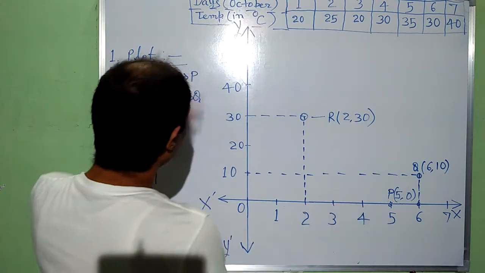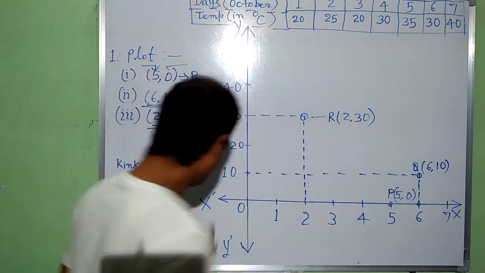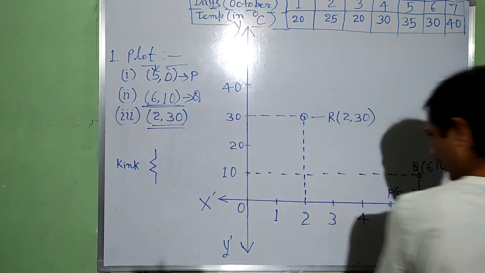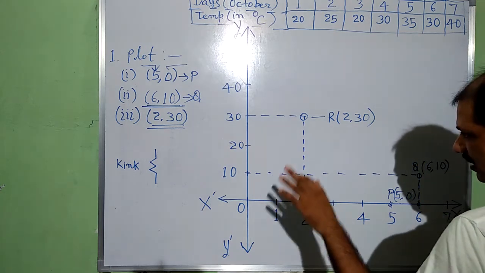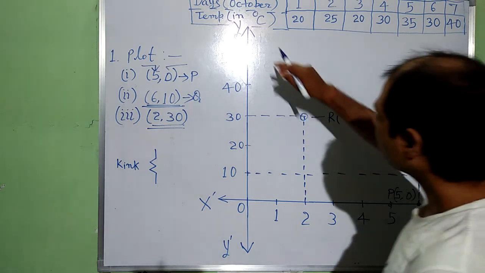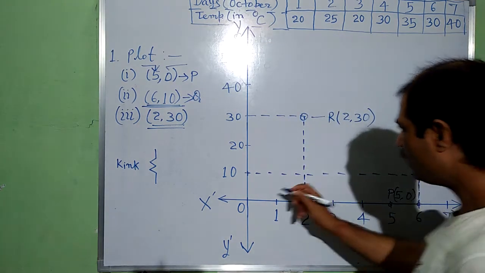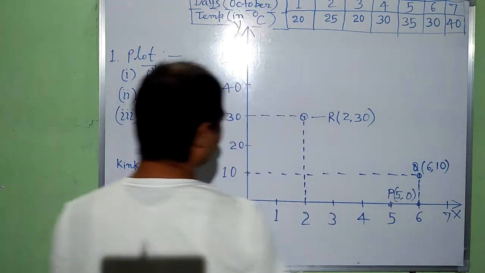X, x dash and y, y dash are both mutually perpendicular. X dash, x is horizontal, whereas y dash is vertical. Both are mutually perpendicular.